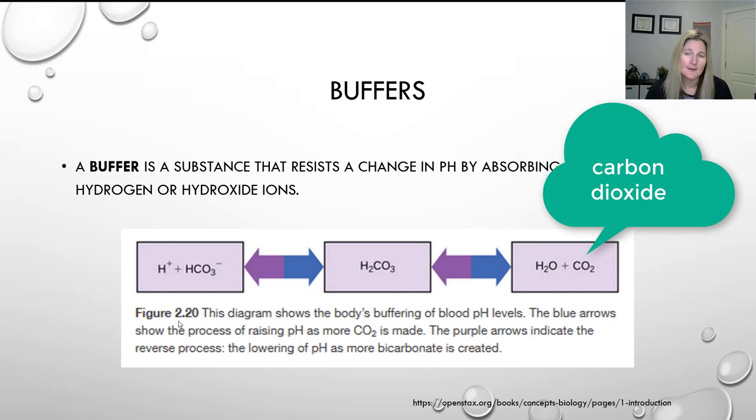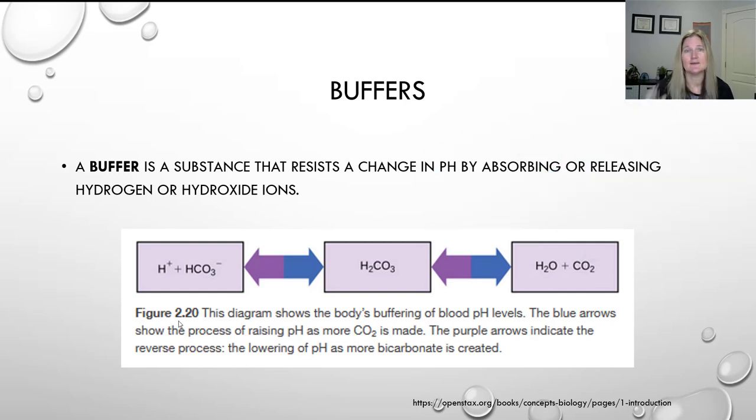So let's say that we have an excess amount of hydrogen ions in the solution. Inside our blood, we end up with too many hydrogen ions. These excess hydrogen ions will bond with the bicarbonate, forming carbonic acid. So it's removing the hydrogen ions from the solution.